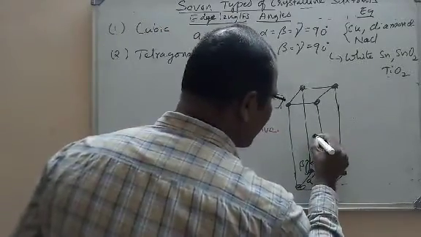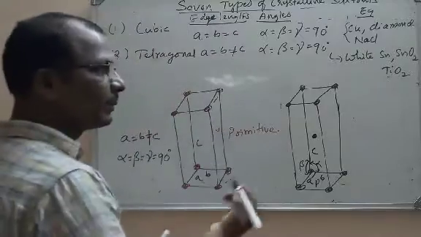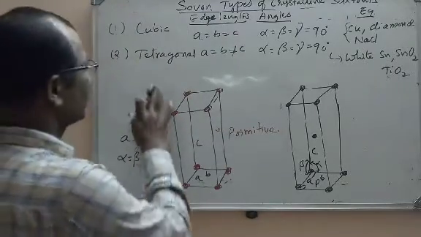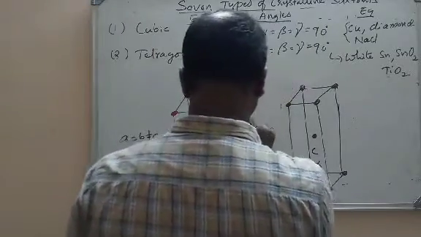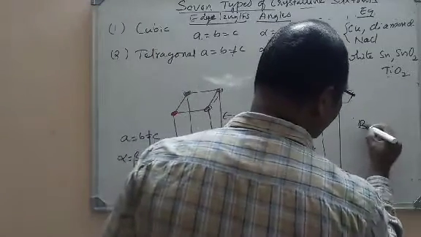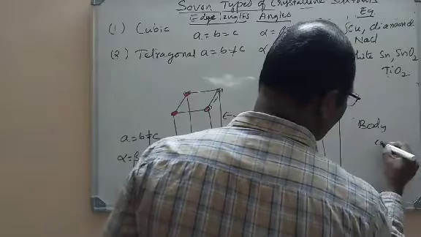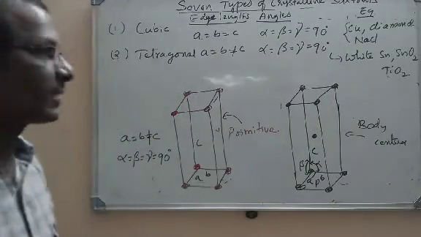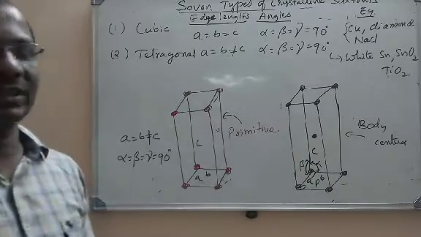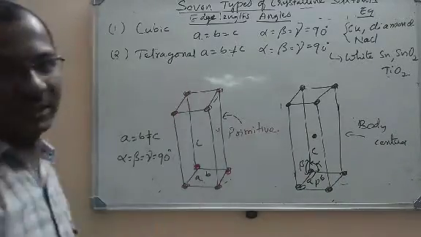Now it is a body center. If you keep a point here at the center of the unit cell, it will become a body center. So it is tetragonal primitive, and this one is body centered. So how many types of unit cells are possible here? This is nothing but two types of tetragonal system.